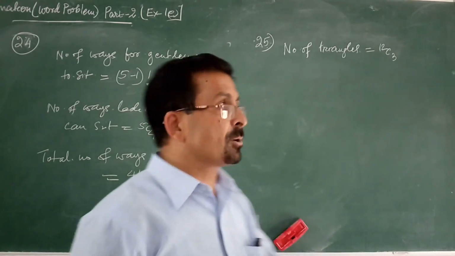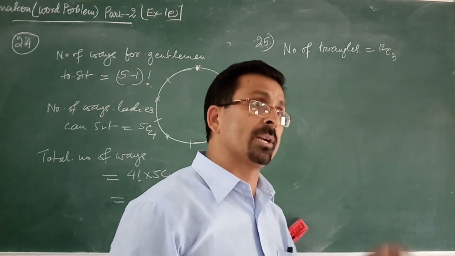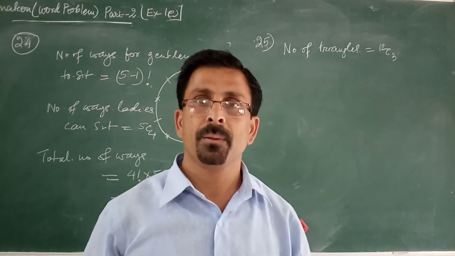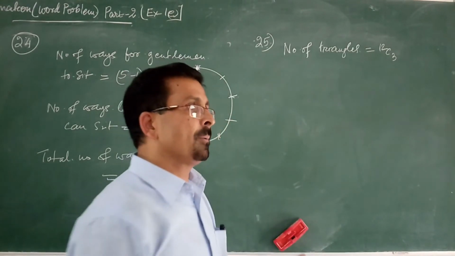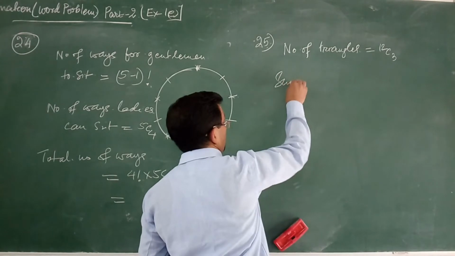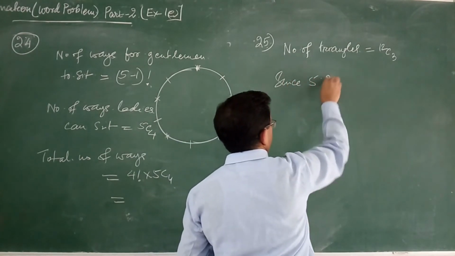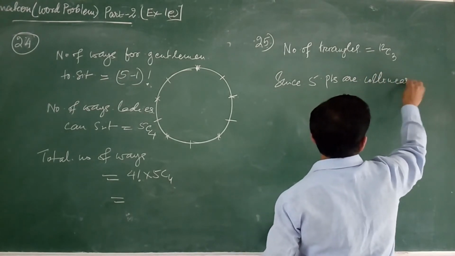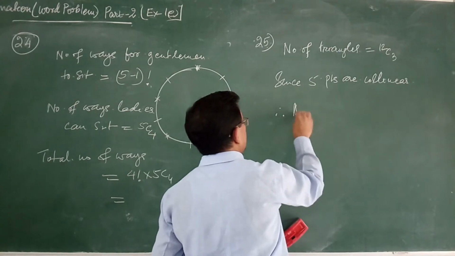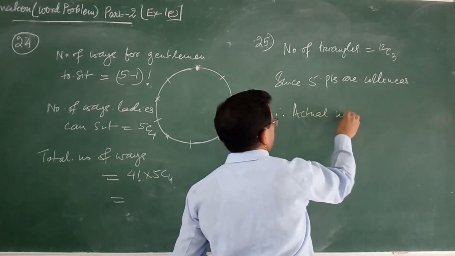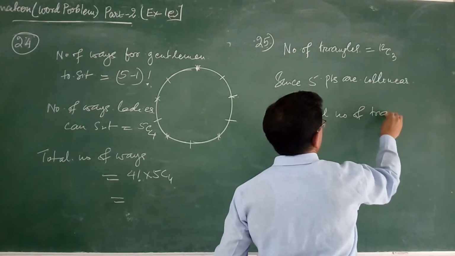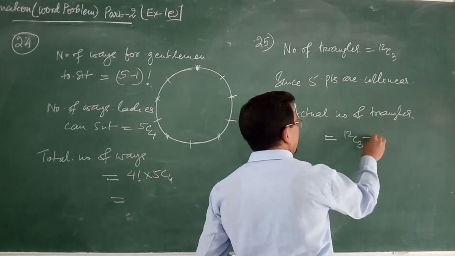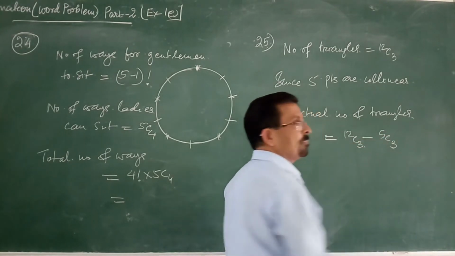Isn't it? And by doing so, by mistake, I have included those triangles also. That means I need to subtract those triangles. Am I clear or not? So, since 5 points are collinear, therefore, the actual number of triangles will be 12C3 minus 5C3.